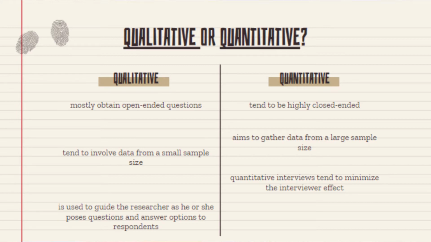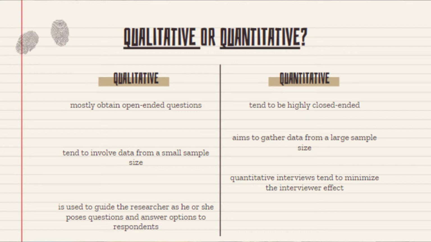Quantitative interviews must be accompanied by a rating scale or a rubric, and the responses must be numerical in nature. Moreover, qualitative interviews tend to involve data from a small sample size, while a quantitative interview aims to gather data from a large sample size.